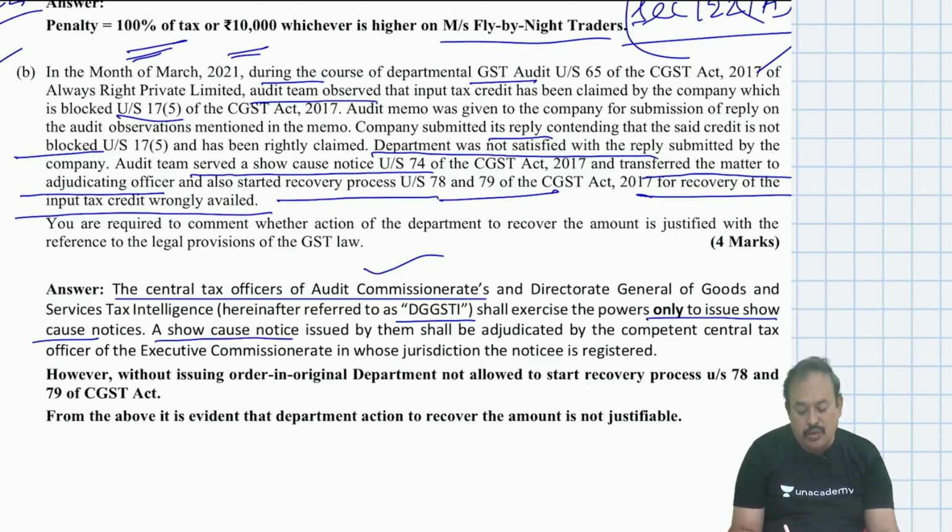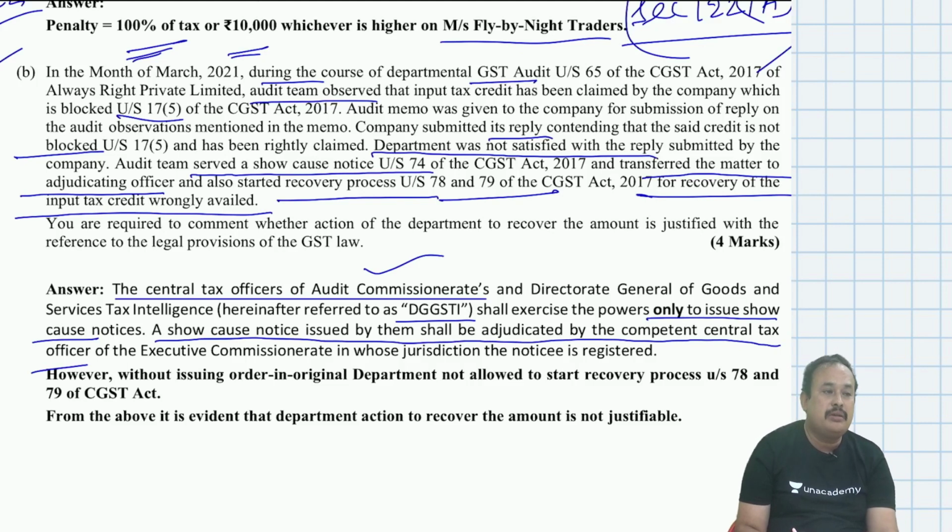A show cause notice issued by them shall be adjudicated by the competent Central Tax Officer of the Executive Commissionerate in whose jurisdiction the notice is registered. So, a notice issued by the audit team is acceptable but they cannot adjudicate the orders.